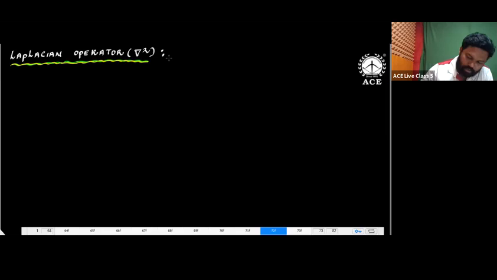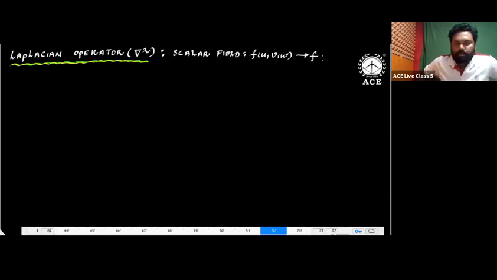Laplacian operator. Let us consider the scalar field f of u, v, w. Laplacian operator is a second order operator. Standard form also will be in the second order form. Here it is.